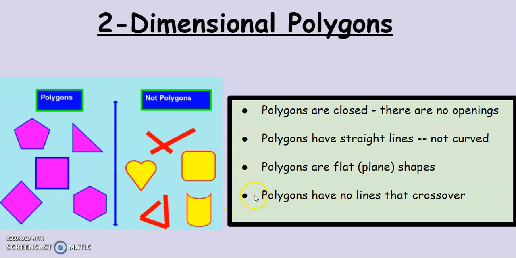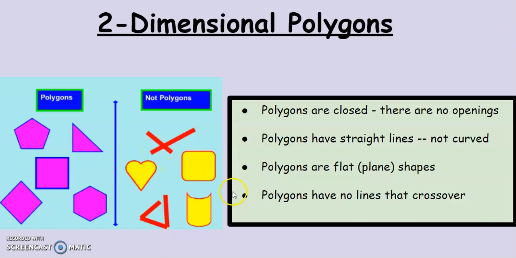The last characteristic of polygons is that they have no lines that cross over. Again, all of our lines on the polygon side meet up exactly. On our not polygon side, this is what a crossover looks like. And you see that it kind of goes across another line.